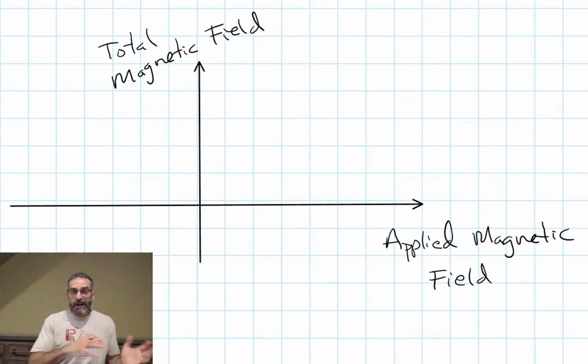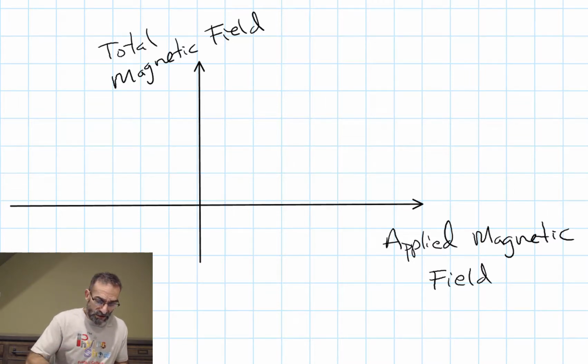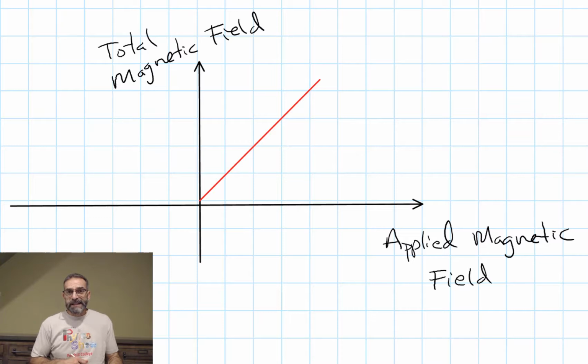So if there was no iron present, if we just had our test chamber and we turned on a magnetic field, we would measure that much magnetic field. We would get a graph that looks like this if there was no iron present. We just measure whatever field we turn on.